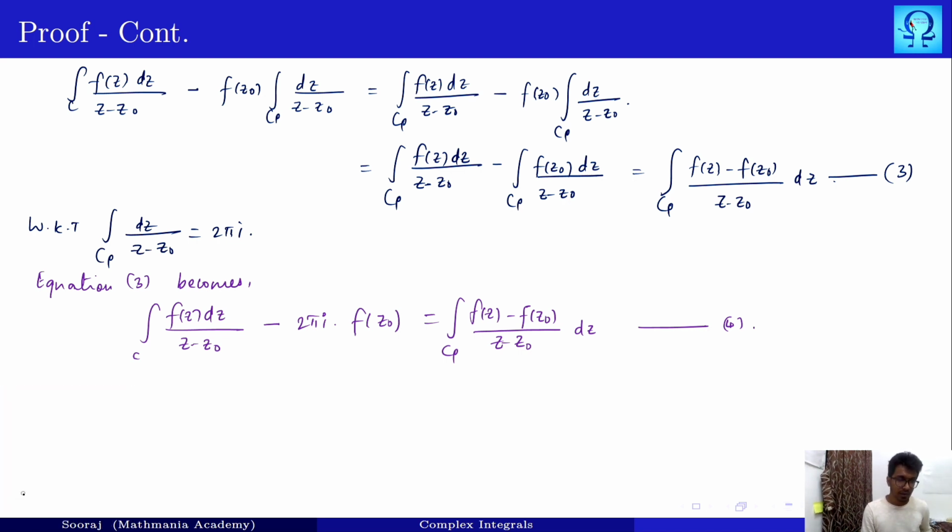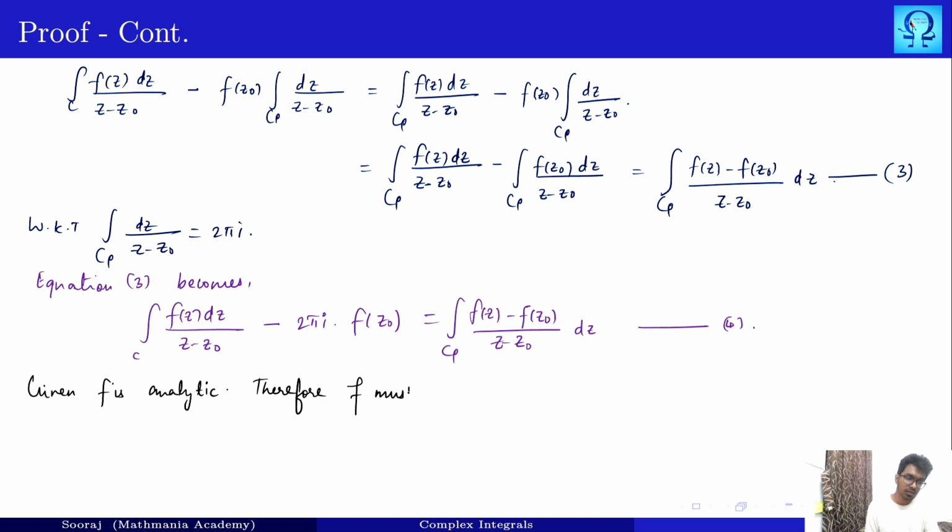So now we will make use of the analyticity of f. Given f is analytic, therefore f must be continuous basically, right? Because analyticity will imply differentiability and differentiability will imply continuity.